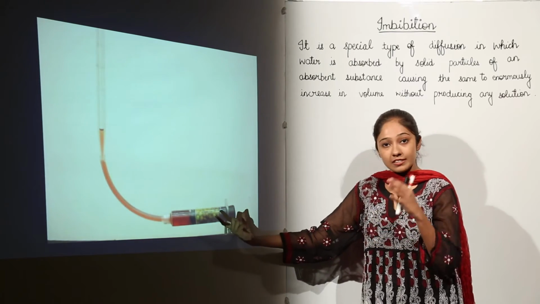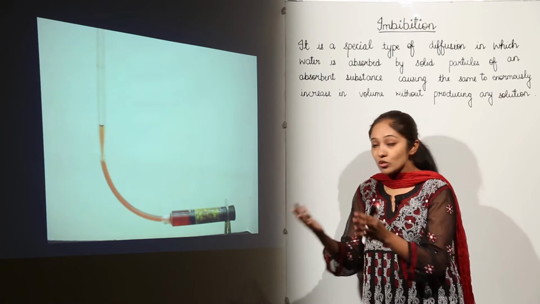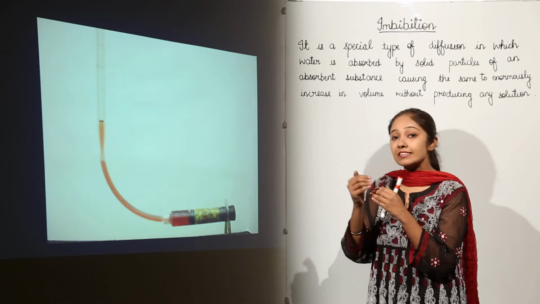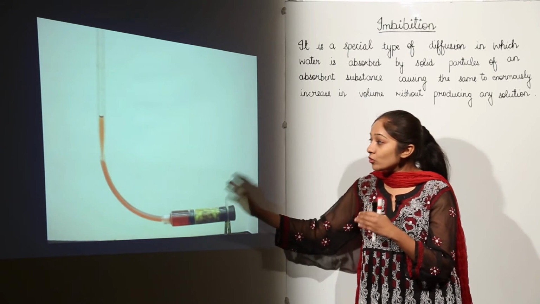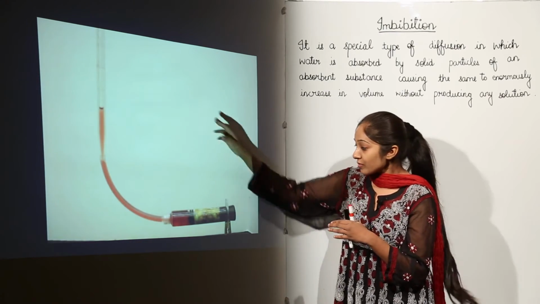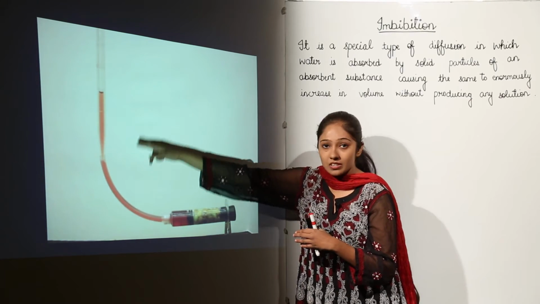We have put in a syringe and there is water. When these seeds absorb water, they are going to increase in volume, in size. So this is going to push in this syringe, due to which this liquid is going to rise, right? This is a syringe and we have actually introduced a pipette into it.